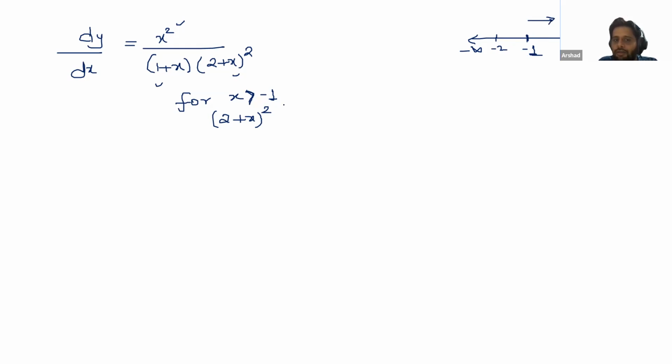So when x is greater than -1, then 2 plus x whole square is always what? Greater than 0, less than 0, greater than or equal to, less than or equal to what? Any guess, any idea?